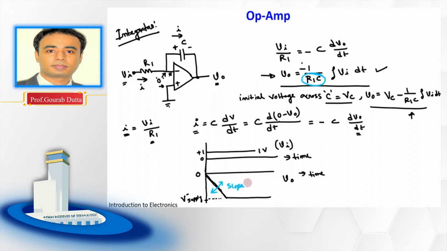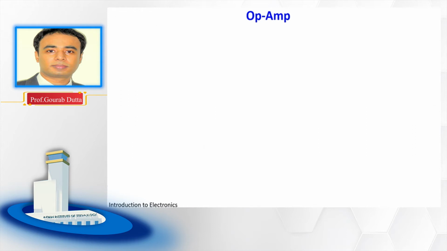This slope depends on what? This R1C, right? So if you change the value of R1 and C, then this slope is also going to change. Is this clear to you? Okay. Then I have one more question for you.